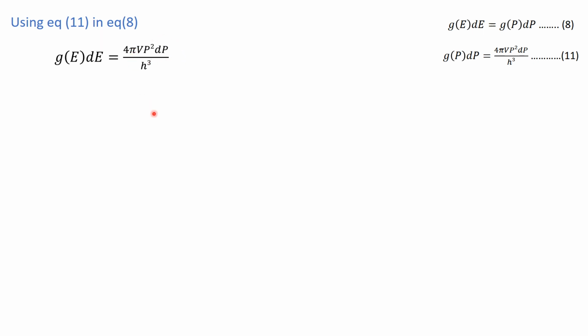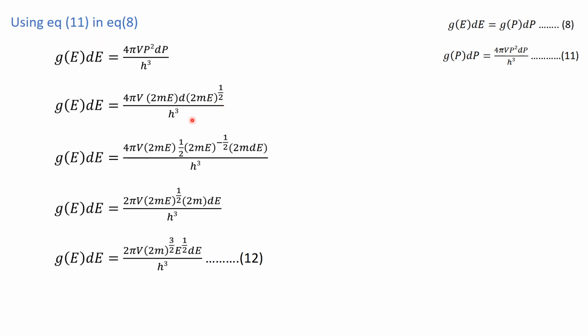Now here on the left side you have the variable E, and on the right side variable P, so you can replace the variable P in terms of E. So P squared is equal to 2mE, and here dP, so d of (2mE) to the power 1 by 2. If you do simple calculation and rearrangement, you will arrive at this equation number 12, which gives you the number of energy states lying between E and E plus dE.